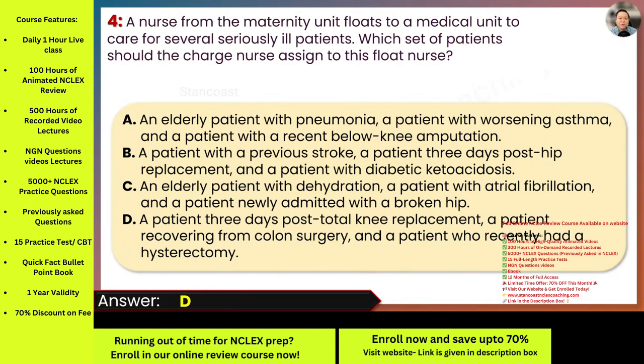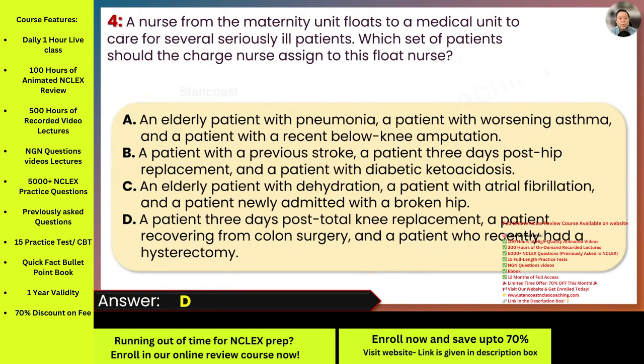And they don't require specialized knowledge of chronic illnesses or critical conditions, so making this assignment the safest match for this float nurse. Okay, so the key point here is that the float nurse should be assigned to patients with conditions similar to those they regularly manage in their home unit.